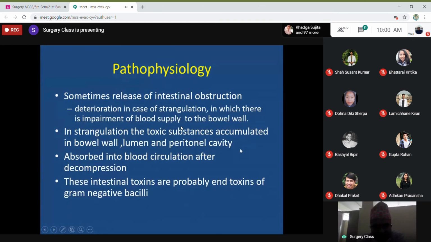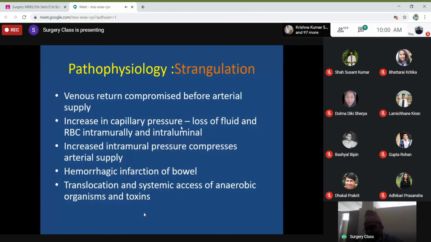When the obstruction is relieved, when the constriction bands are relieved, all these toxic materials are absorbed immediately into the blood circulation, and it leads to decompensation of various systems, including the cardiac and respiratory. There is also an excess of bacterial endotoxins, especially gram negative toxins, into the blood circulation, and the patient deteriorates. So remember, release of the strangulation sometimes may be life threatening.